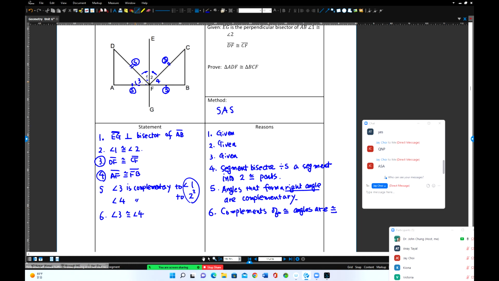Now we have everything, side angle side, so it's enough to say these two triangles are congruent: triangle ADF congruent to triangle BCF. The reason is side angle side.